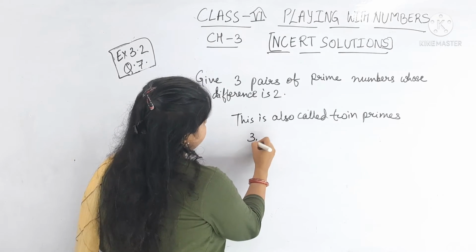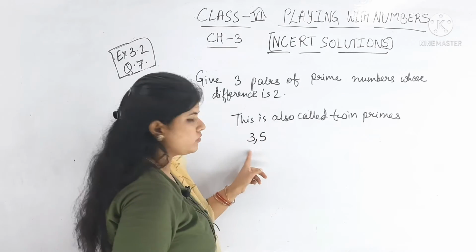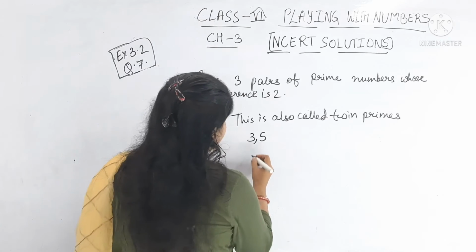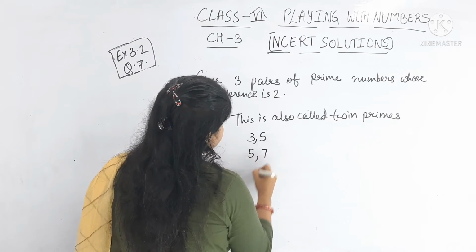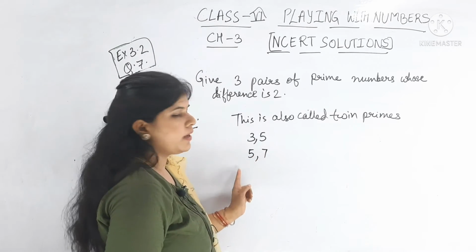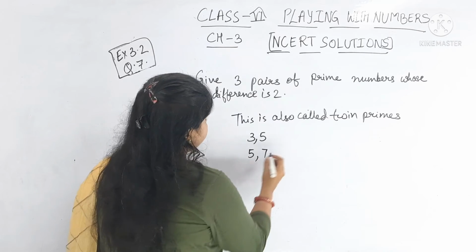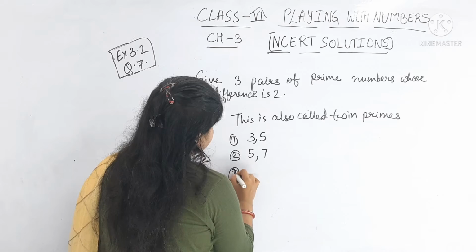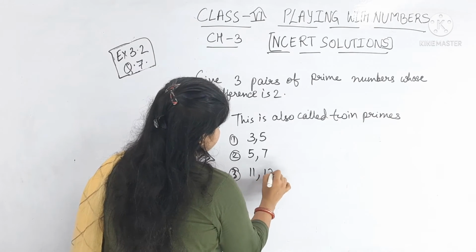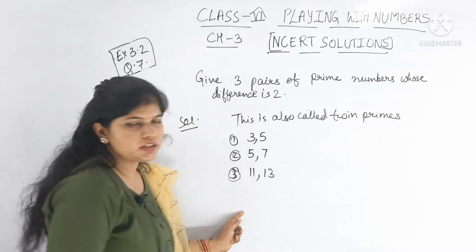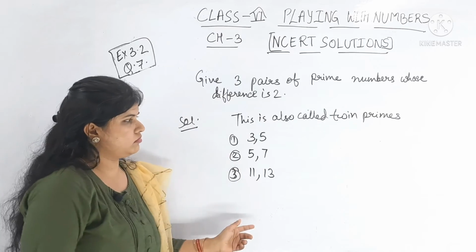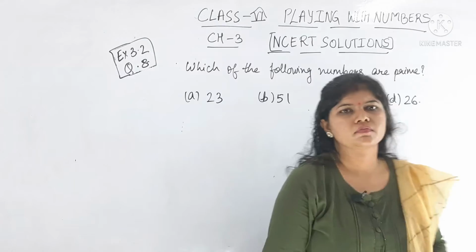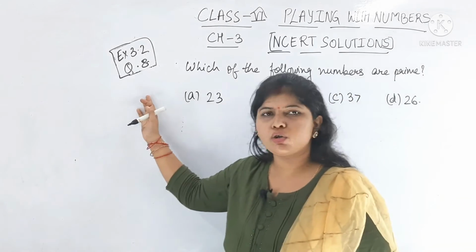You can see 3 and 5: 5 minus 3 is 2. Then 5 and 7: 7 minus 5 is also 2. And the third one is 11 and 13: 13 minus 11 is also 2. Those are the pairs.